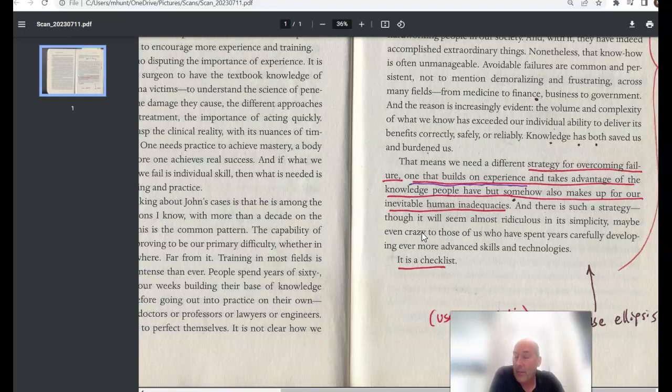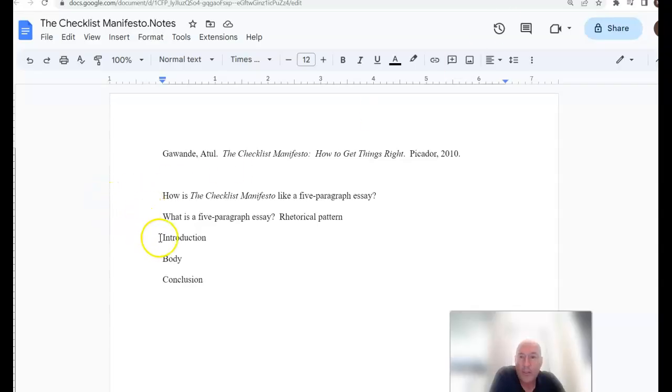And they made a save of a man's life that was in surgery because they had worked as a team and they had prepared. So the book as a whole has that 5-paragraph essay introduction, body, conclusion pattern.